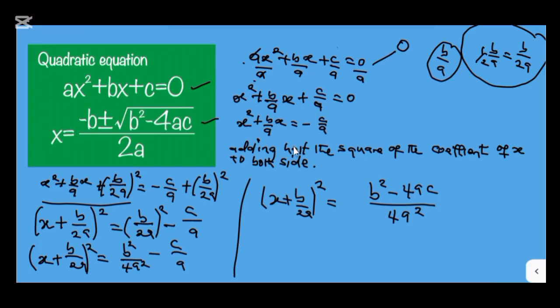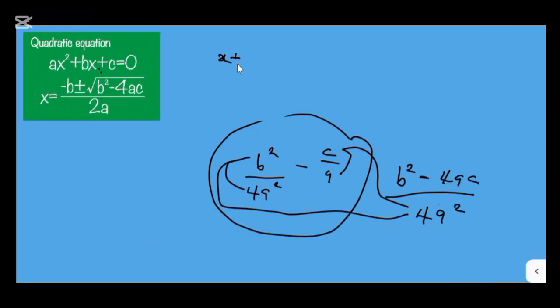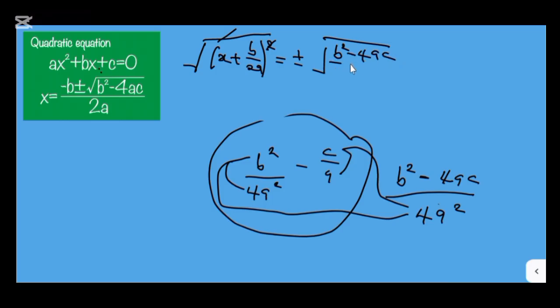So how do we continue from here? This is the same as saying we're going to take the square roots of both sides. Now let's get our results first before we put it here so that it will be clearer for us. Is x plus b over 2a all squared. So if we take the square root of this and this will cancel, is equal to plus or minus the square root of b squared minus 4ac all upon 4a squared.